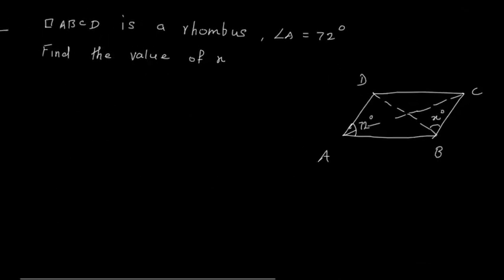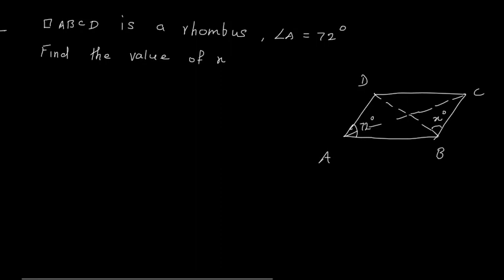Now ABCD is a rhombus. Quadrilateral ABCD is a rhombus. All sides are equal. Angle A is 72 degrees. Find the value of x. So now in a rhombus, the diagonals bisect each other.